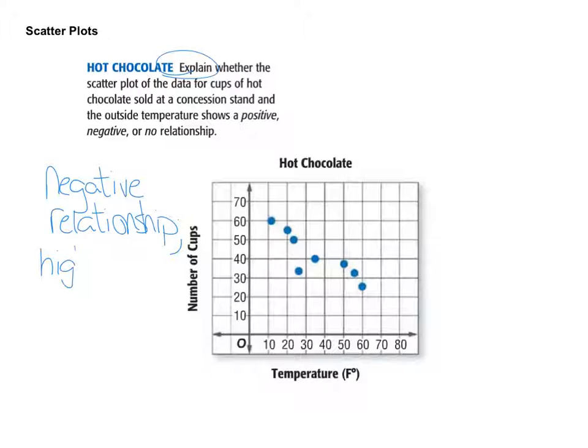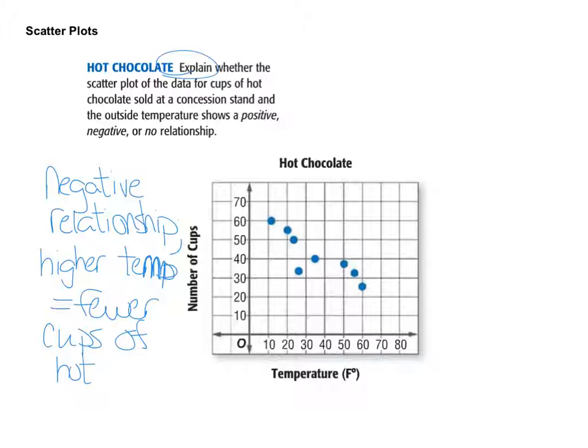A higher temperature, higher temp, T-E-M-P, equals fewer cups of hot chocolate. That's not a pretty explanation, but it is an explanation, okay?